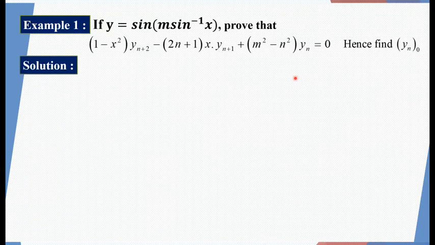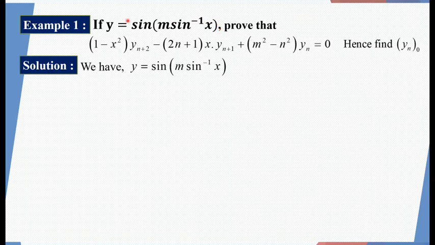So to solve it, we first take y equals sin(m sin inverse x). So first we have to convert this entire function into a form where we can apply the Leibniz theorem. According to Leibniz theorem, firstly, we should have a product of two functions.